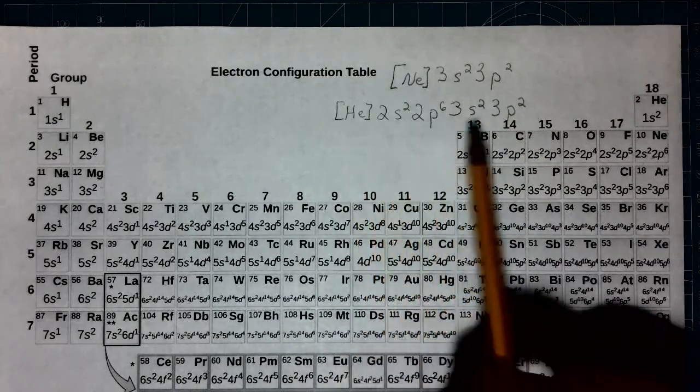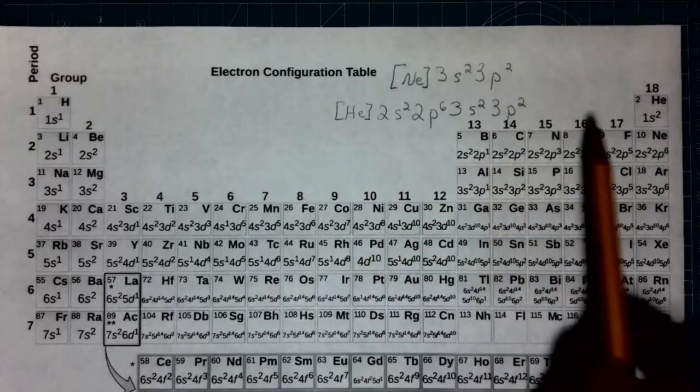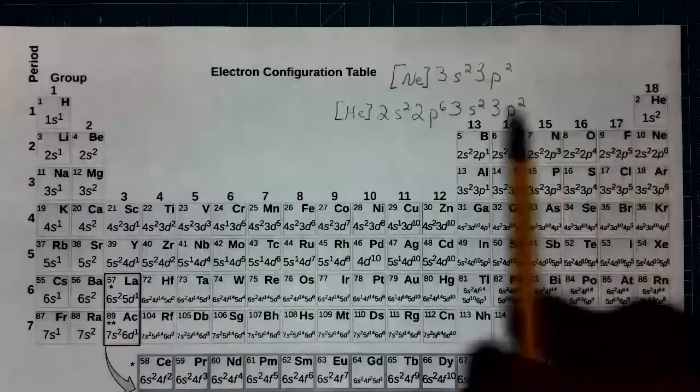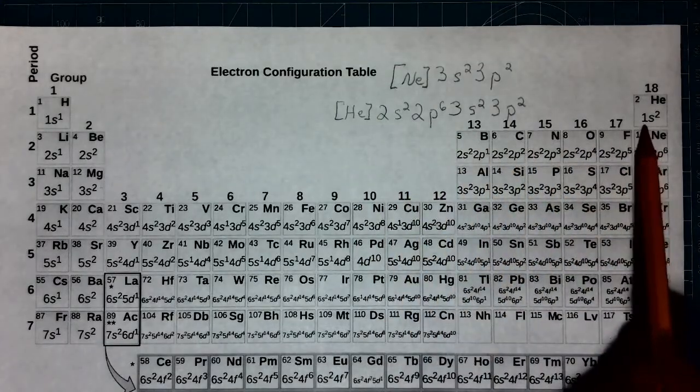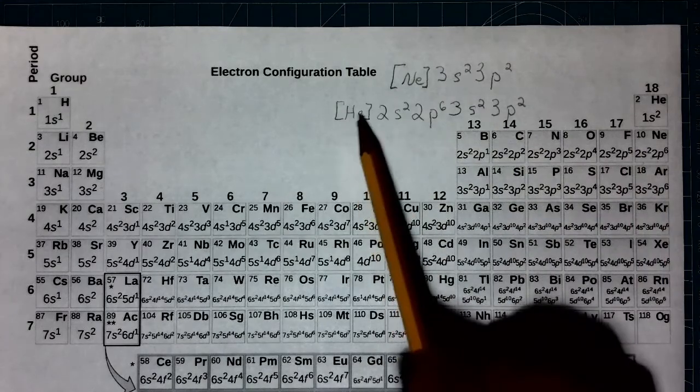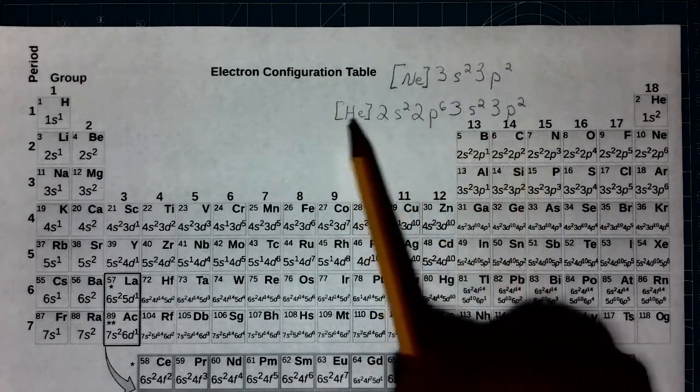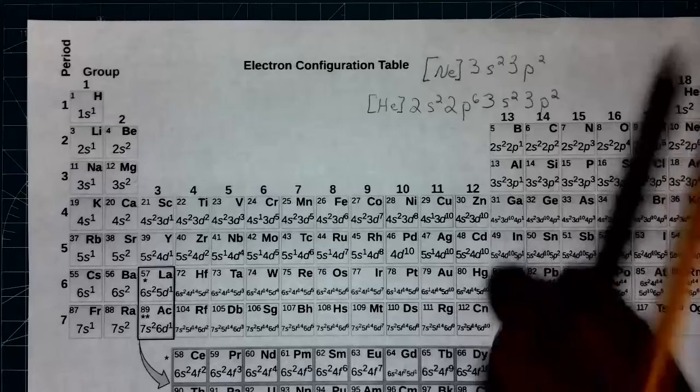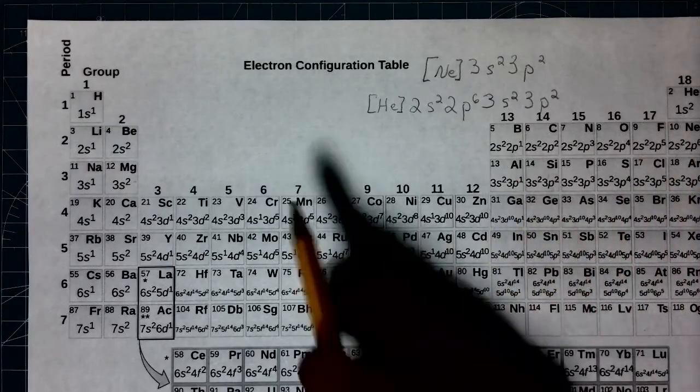And then if I wanted to write out the full configuration, I would just have to replace helium here with 1s2. And then I have the full electron configuration for silicon.